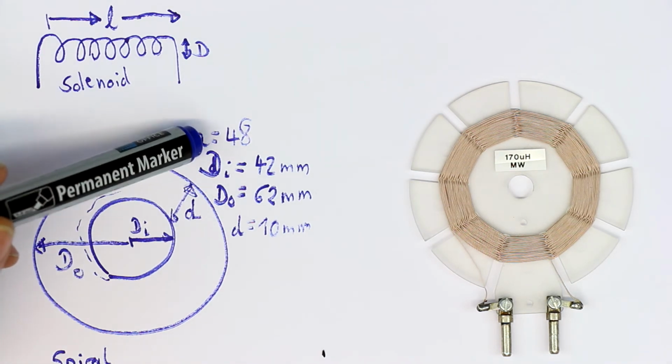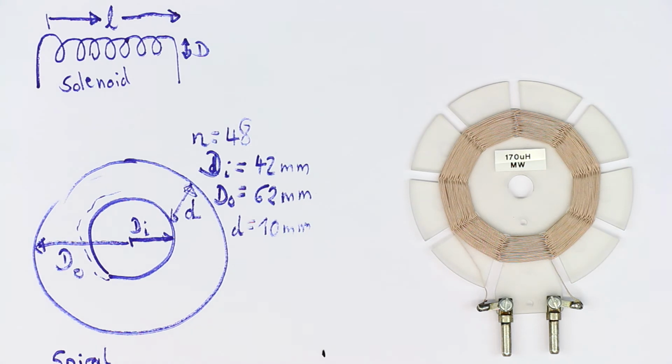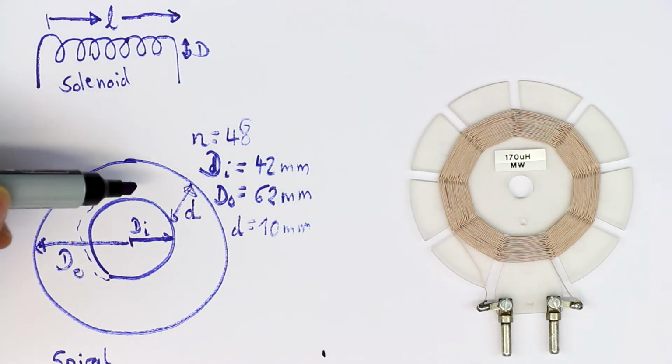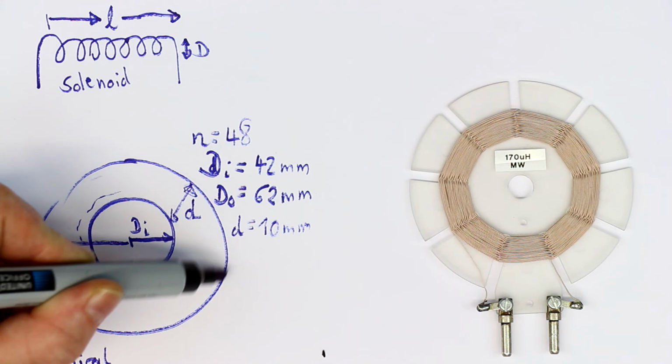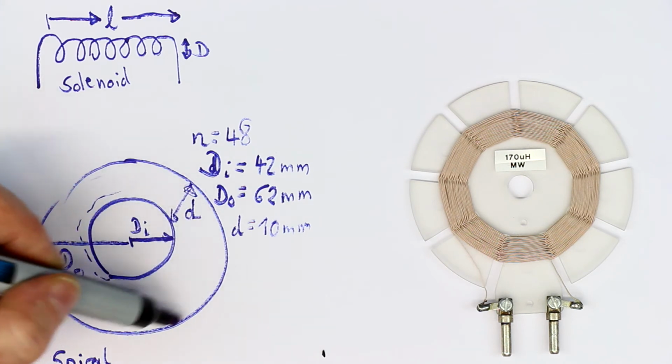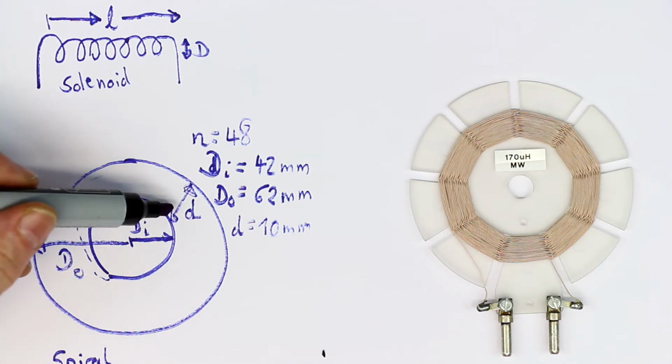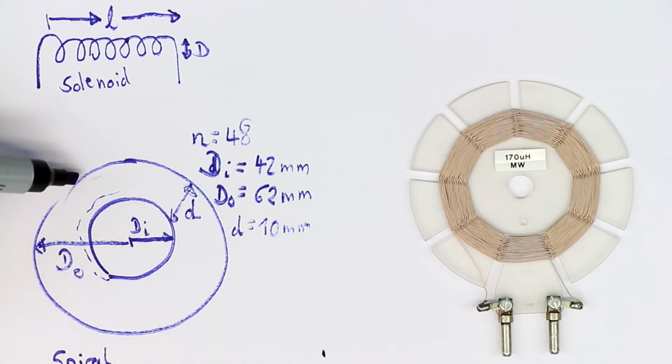And now there's one thing you should know. The inductance of the coil goes with the area of the winding.